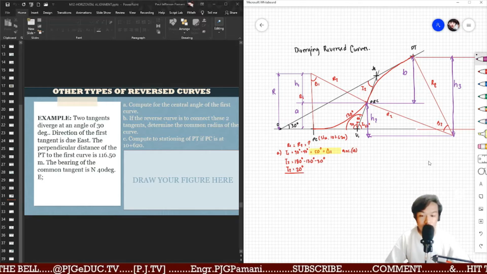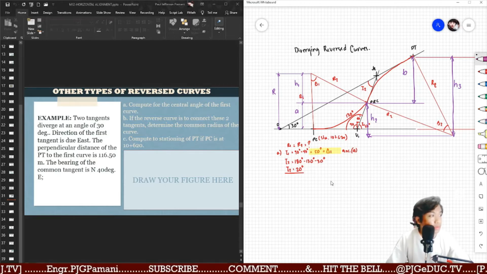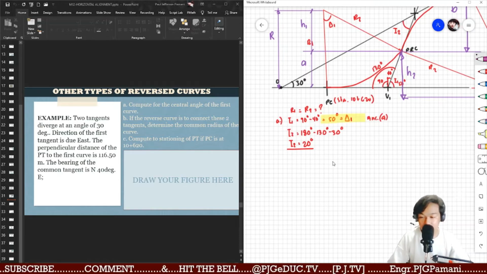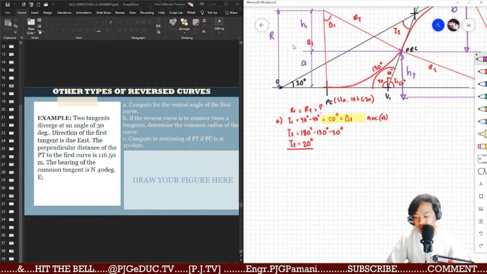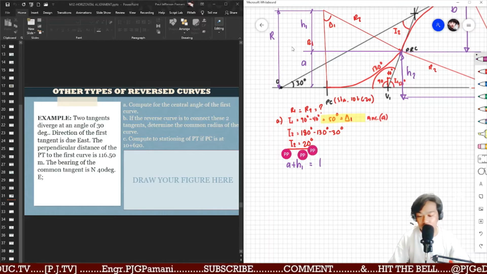Simplify lang natin yung ating figures. For us to get the common radius, notice the common radius is the summation of A plus H1 is equal to the common radius.